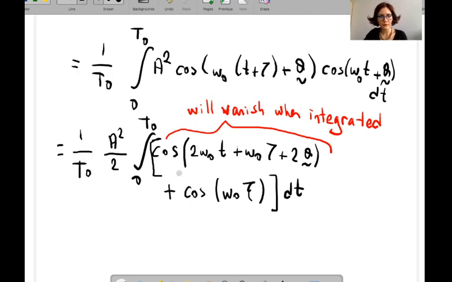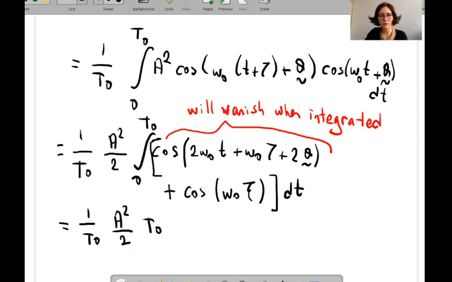So if you just look at what this gives you, now t was our variable. This is something fixed. It does not change with t, and you're integrating this fixed thing from 0 to t0. Fixed number integrated over a period will come out as t0 times that number. So we get the integral as, I'm just writing these constant terms, 1 over t0 a squared over 2.